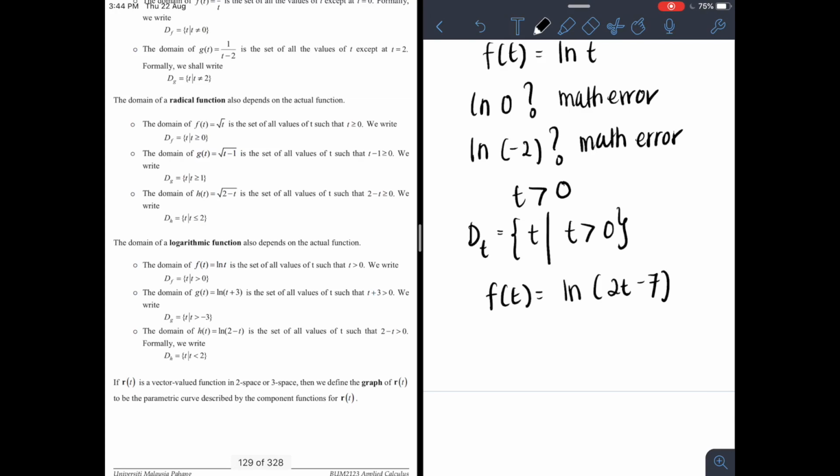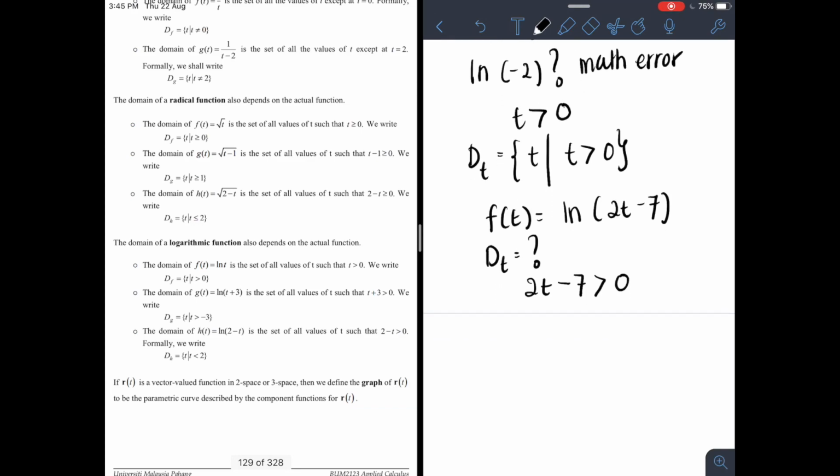I will have function f(t) is equal to ln(2t minus 7). What I know now is that 2t minus 7 is always larger than 0. 2t larger than 7, t larger than 7 over 2.